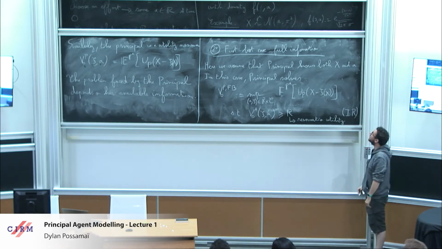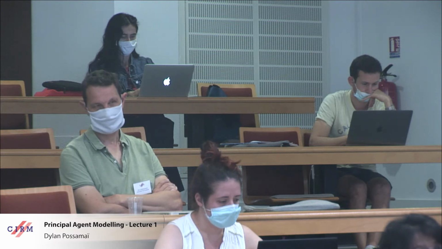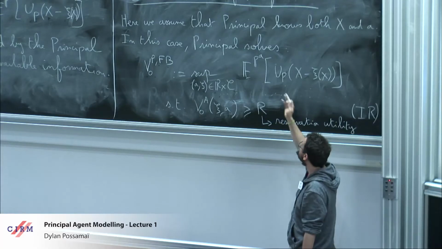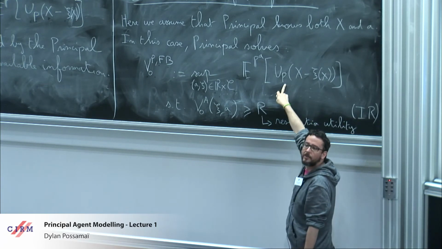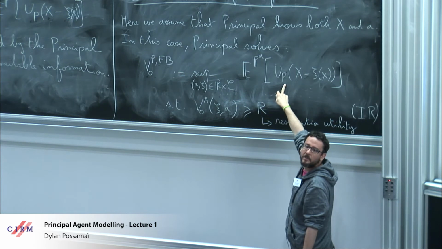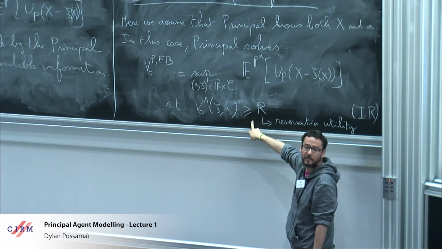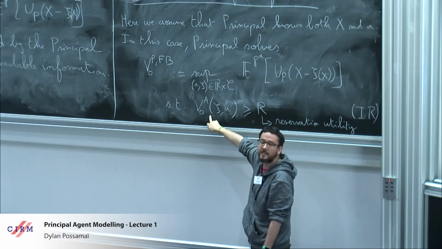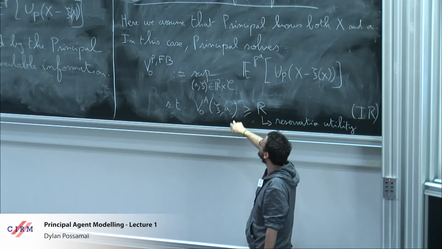So if you look at this, I need to tell you a little bit more about C, but at this stage what you have is an optimization problem. This is a utility function, so it's going to be typically concave. So it's a concave optimization problem with a constraint here that's a nice linear constraint, right? Simply because this V here is an expectation of something. It's just a linear constraint.